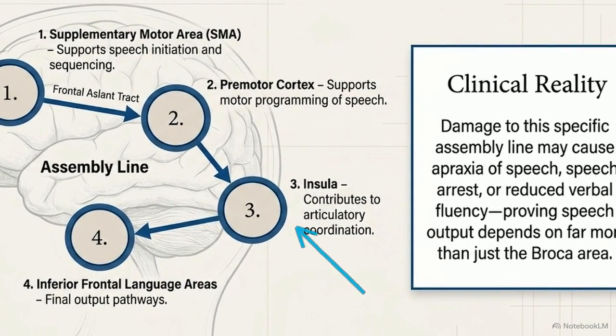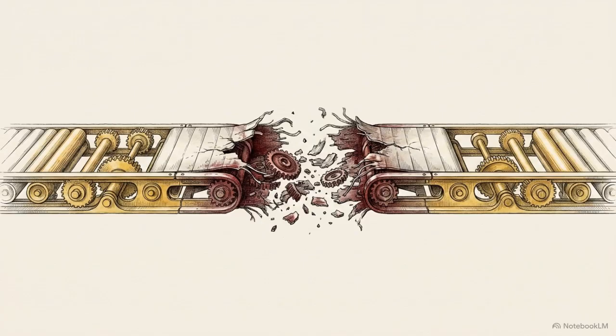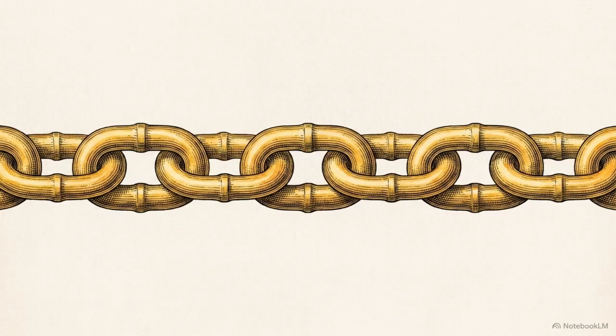Finally, it reaches the insula, crucial for articulatory coordination. The signal finally reaches the inferior frontal language areas, hitting the final output pathways to generate sound. Speech is a progressive assembly line. Localized damage to any specific transmission point along this route yields a completely distinct clinical apraxia. The final output depends on the entire chain remaining unbroken.